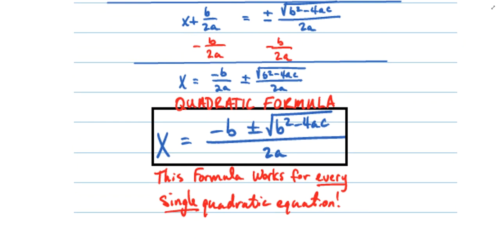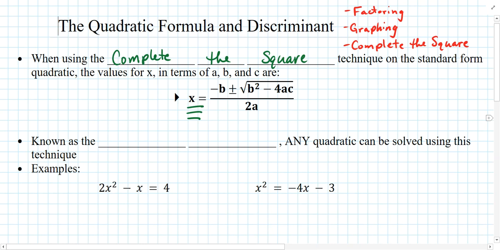This is known as the quadratic formula and can be used on any quadratic in standard form when the a, b, and c values are identified.